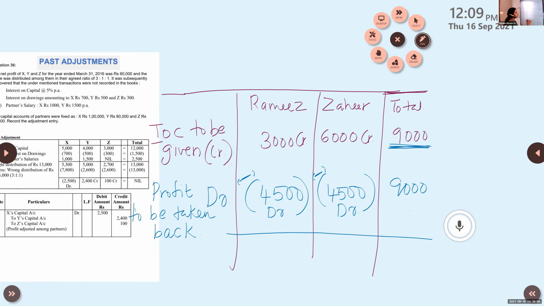Now, find the difference. Look at Ramesh here. Solve it. 3,000 should be given. Listen carefully. 3,000 is the amount to be given, and 4,500 is already there with him.